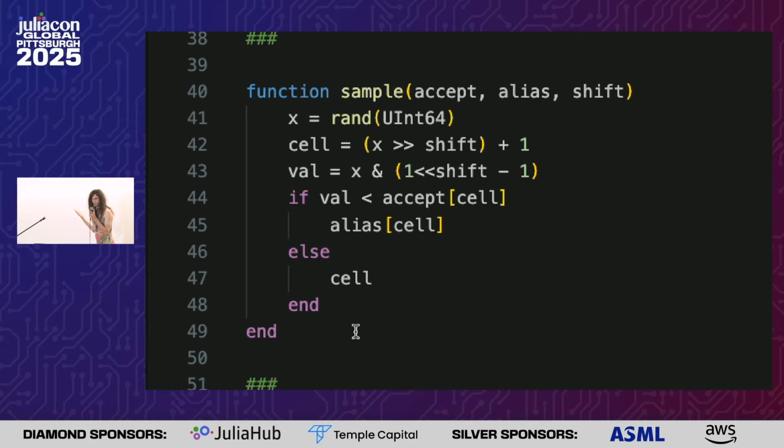I use the term a pip to represent a probability of 2 to the negative 64. Each bucket is allocated, in this case, 2 to the 62 pips. And then the acceptance probability is between 0 and 2 to the 62 pips.